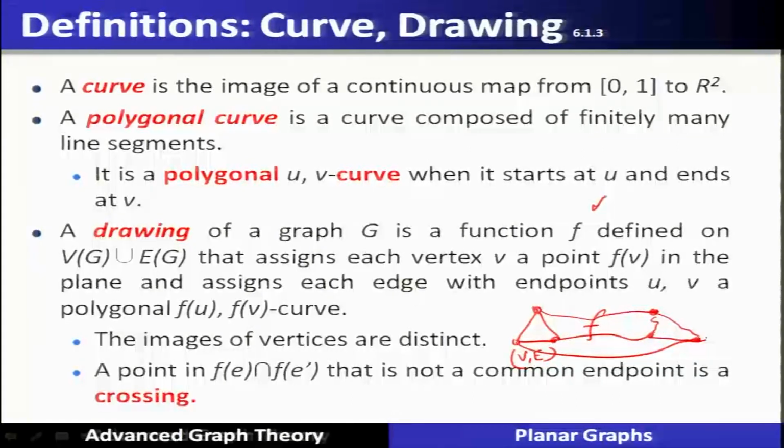Now while drawing the edges e and e prime, if there is an intersection, say this is e and this is e prime, so f of e and f of e prime intersection, if it is other than the endpoints, if this is not empty, then this common point is called a crossing in this particular drawing.